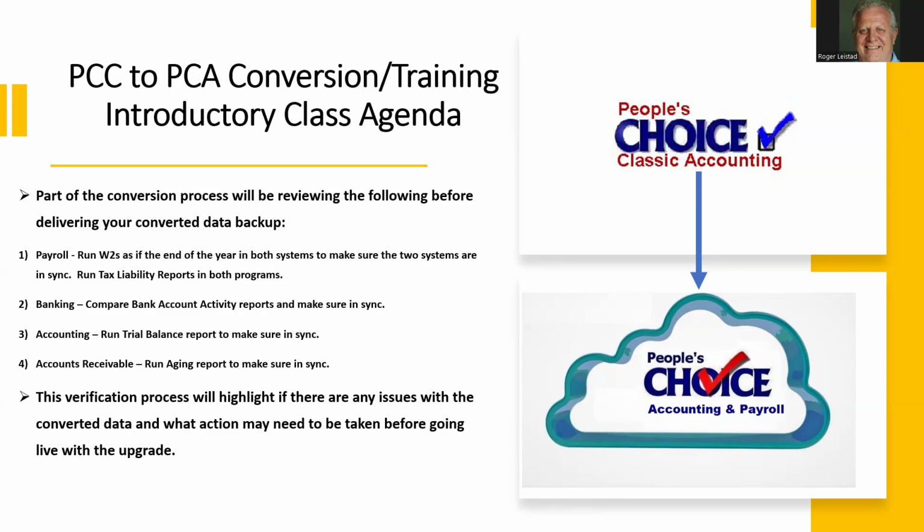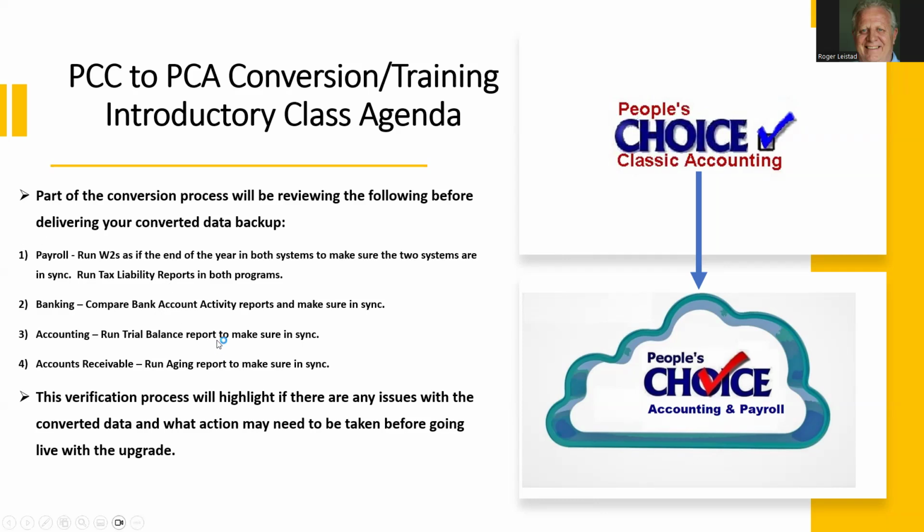Part of the process we'll be reviewing before delivering the converted backup, this is stuff that Barb will be doing, is we'll go ahead and run W-2s as if it was the end of the year, and the tax liability reports and the equivalent reports in the upgrade versions to make sure the totals all match. We'll look at your banking if you are keeping the checkbook to make sure the bank balance and all the checks and deposits are in sync from the date of the backup.